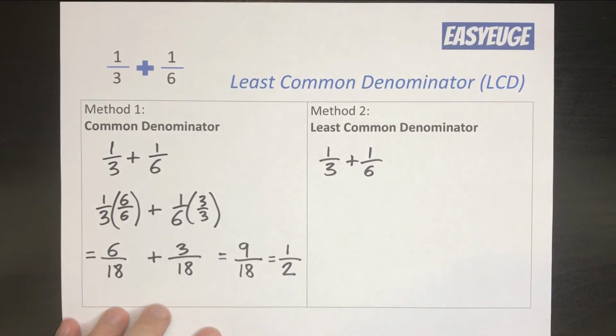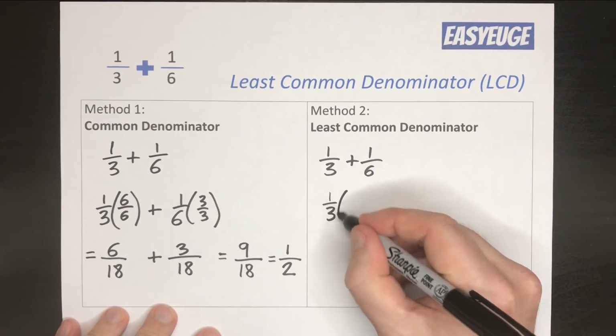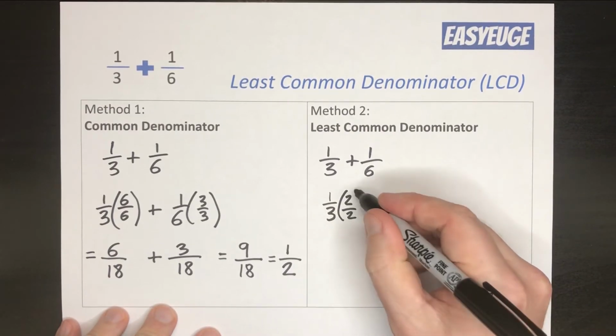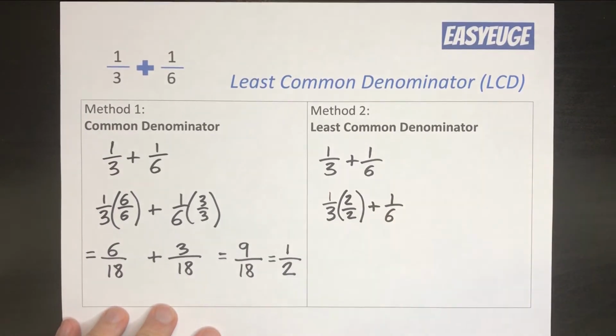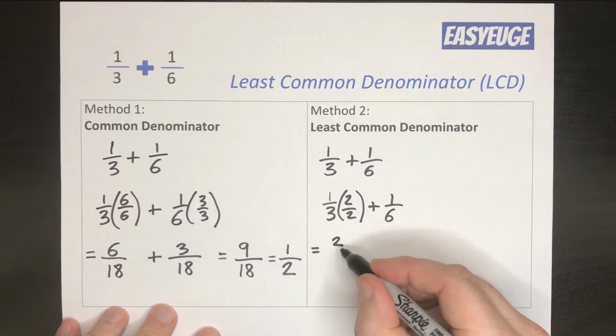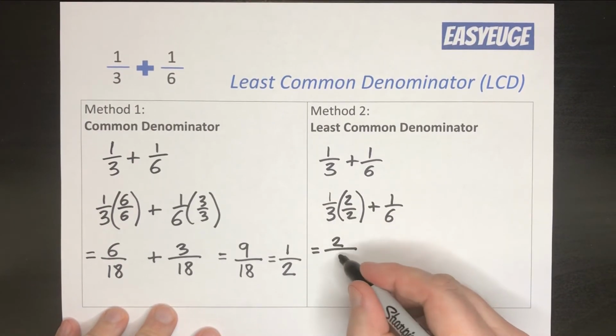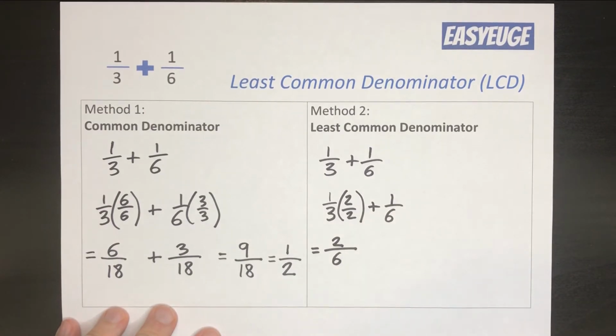Let's give it a try. So what if I take that 1/3 and I multiply it by 2 over 2, and then I add on the 1 over 6, which is this part. So 2 by 1 is 2, 3 by 2 is 6, so 1/3 is the same as 2/6.